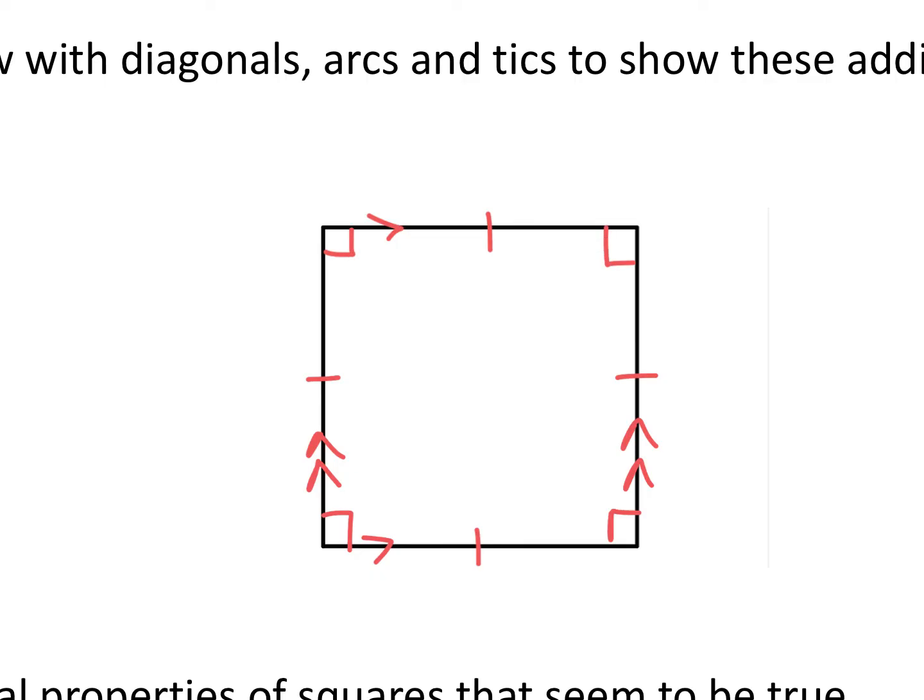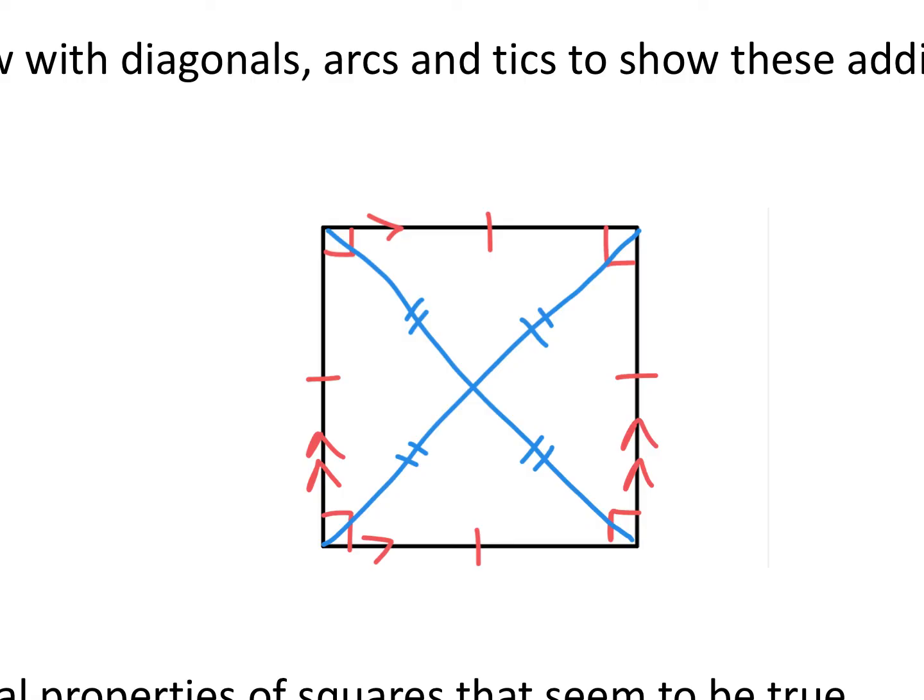Okay, now let's mark up the diagonals. So here's my first diagonal, here's my second, vertex to vertex, right? So these diagonals are congruent. They're the same length, but they also bisect each other. So we can put a double tick here, double tick here, double tick here, and double tick here.